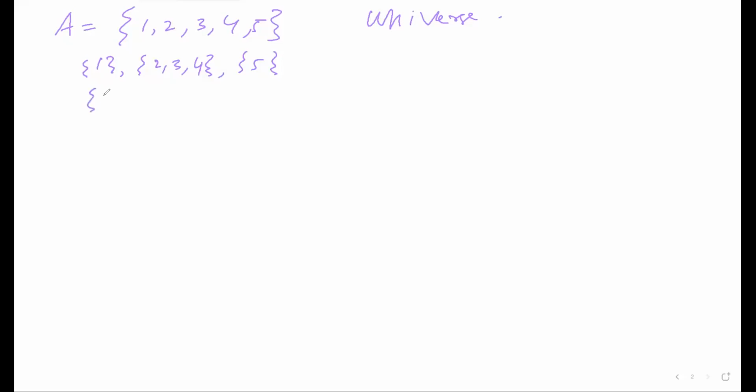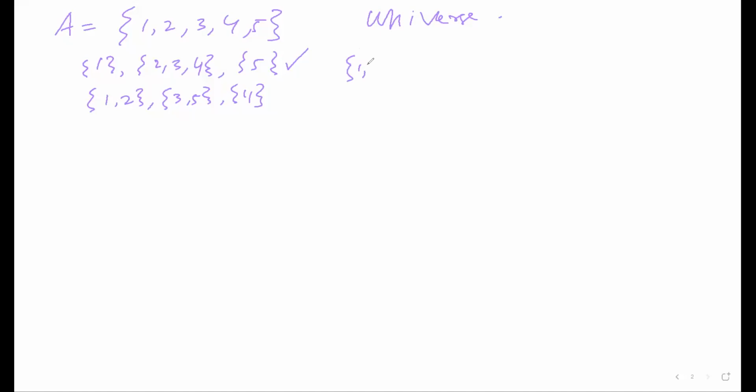Bracket 1, 2, bracket 3, 5, 4. All kinds of partitions are there. I don't know how many partitions this has. But this one has how many parts? 3 parts.